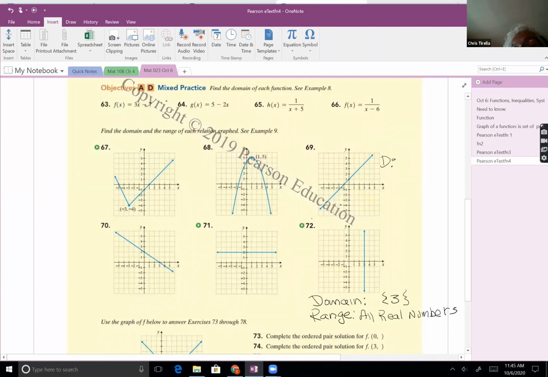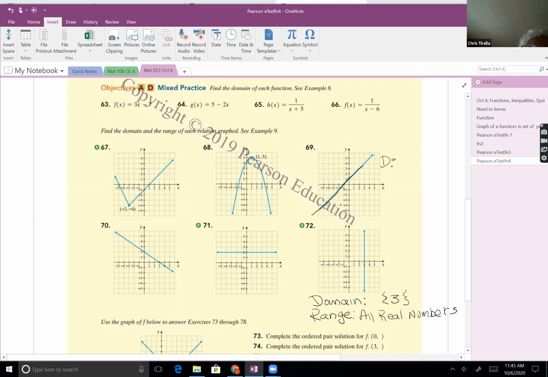Is there a place furthest to the left that this goes? Is there a smallest x value, or does it keep on going? Is it -1? Oh, no, it's -1 and 1, right? Well, those -1 and 1 would be the intercepts, but I'm looking at this entire line.